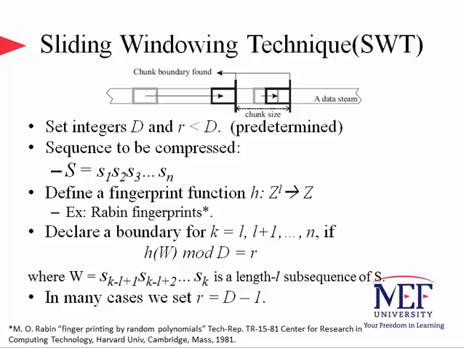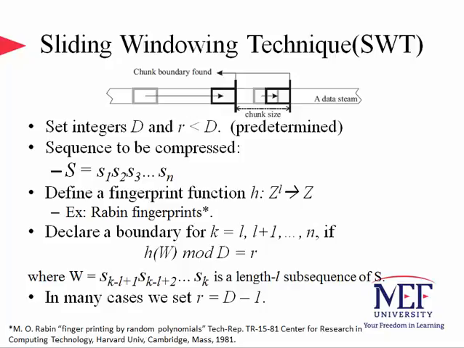We also define a fingerprinting function or a hash function, usually low complexity, such as Rabin, and we slide a window of some size over the sequence of symbols. For each shift of the window, we compute a hash-based number based on the contents of the window modulo d. In case the result of this computation equals r, then we claim we hit a boundary.